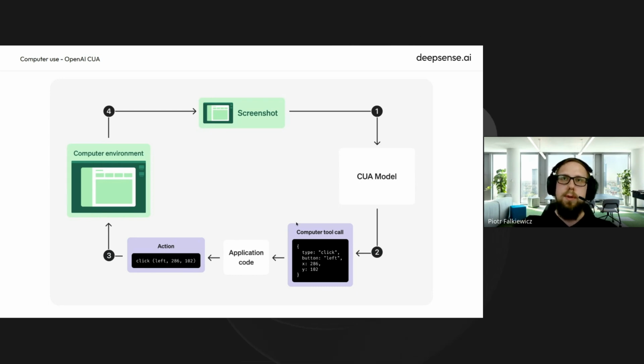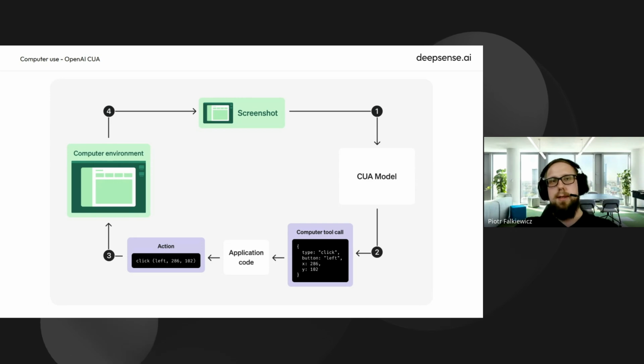We have to be able to translate this action to a real action in our environment, and then we are repeating this operation with the action performed. We are making another screenshot that is sent to the model, and then after the action previously requested is performed, it can continue with its logic.